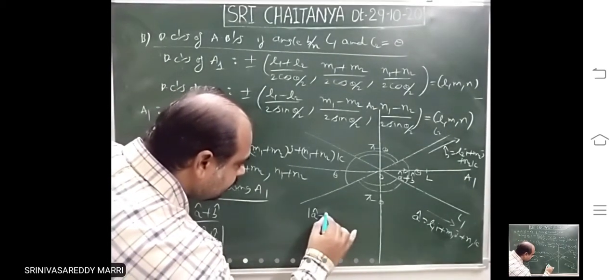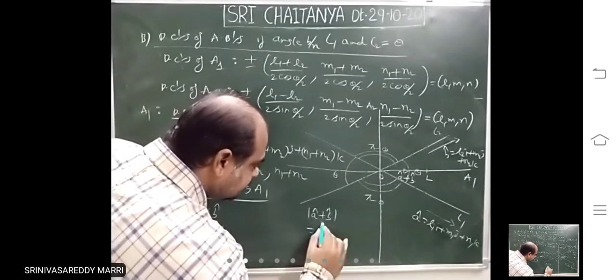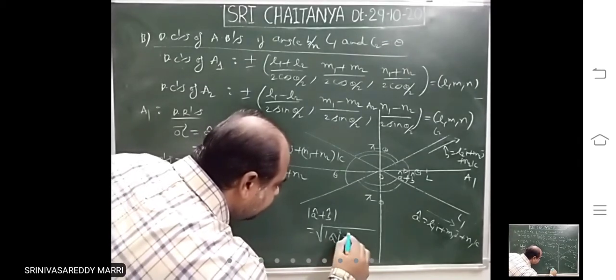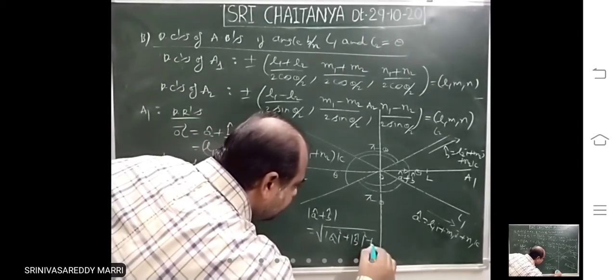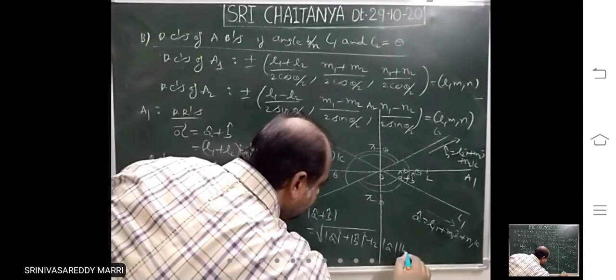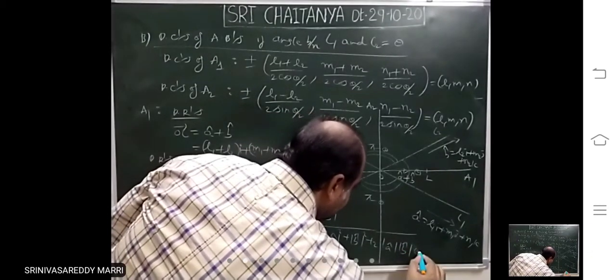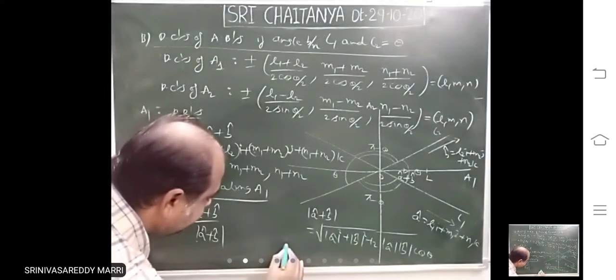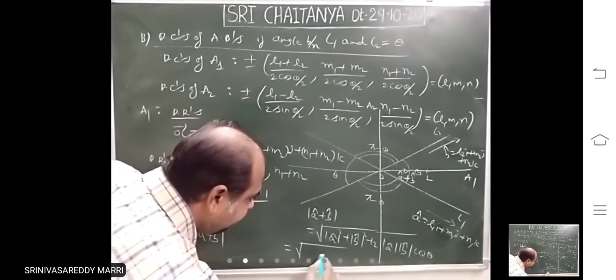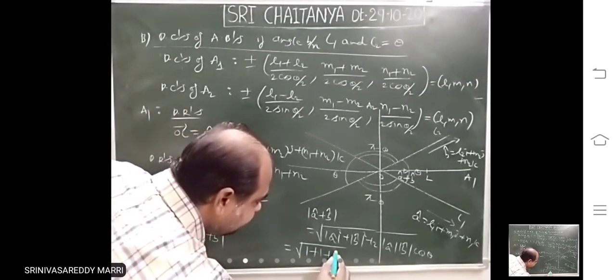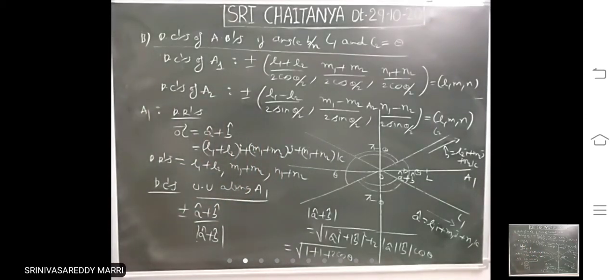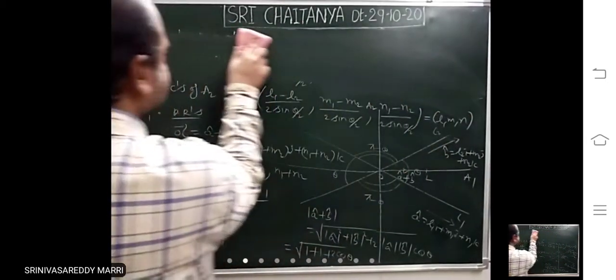By the formula from the dot product, this comes out to be root of 1 plus 1 plus 2 cos theta.